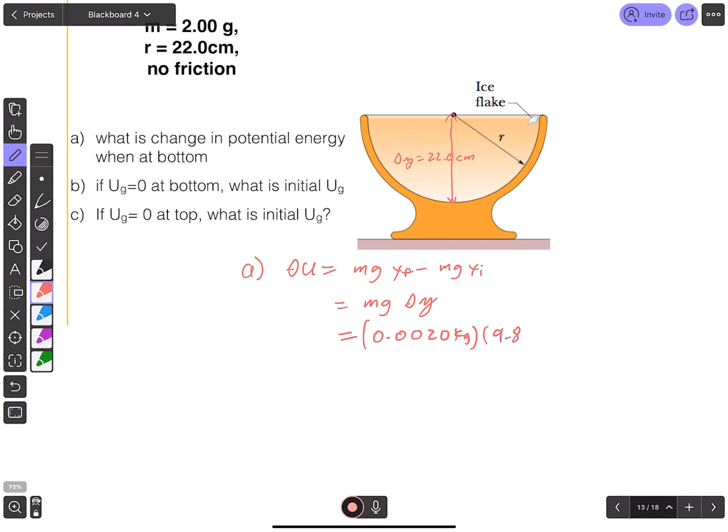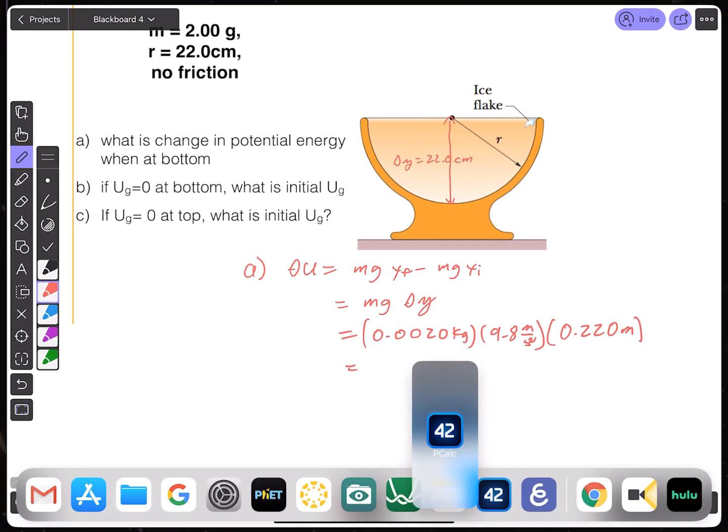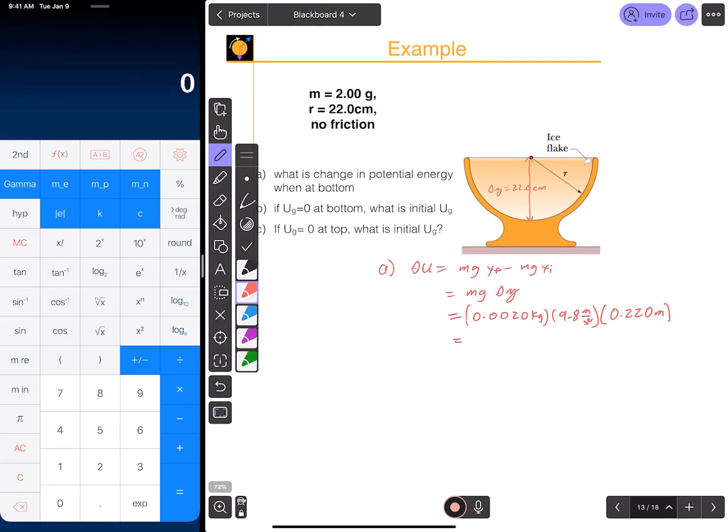Times 9.8 meters per second squared, times the distance it went down. So it went down 22 centimeters, so 0.220 meters. So if I had to calculate that, which I believe I do, let's calculate that change. 0.002 times 9.8 times 0.22, you get 0.00431 joules approximately.